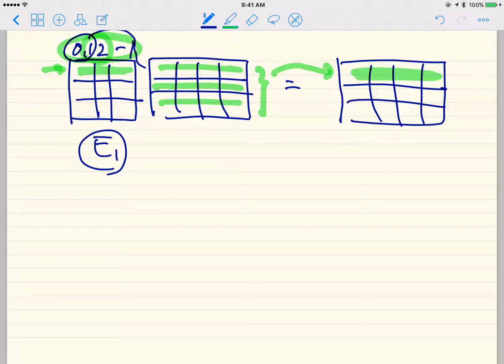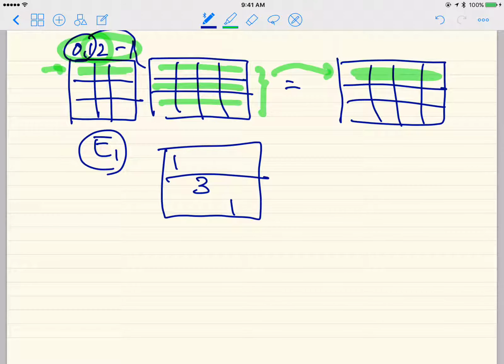So let's think about it as a transformation, which is really a row reduction, right? And for the simplest one, which is this scaling matrix, you know this is scaling the second row by 3 times.